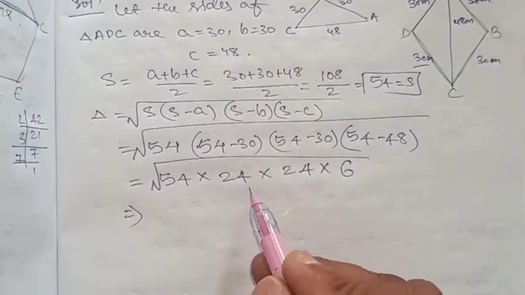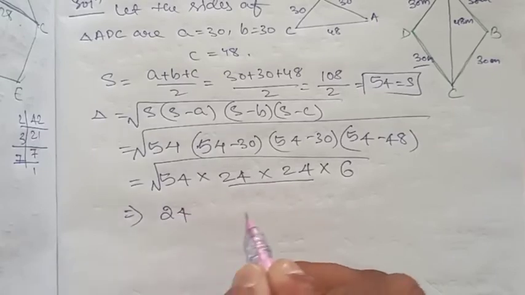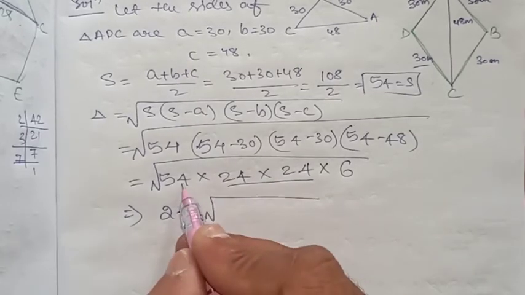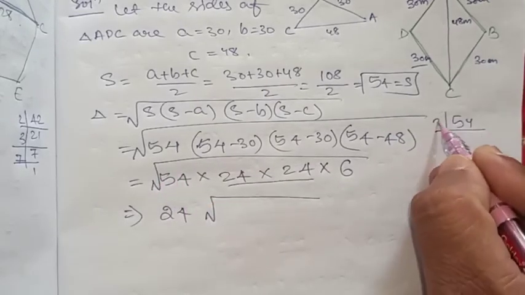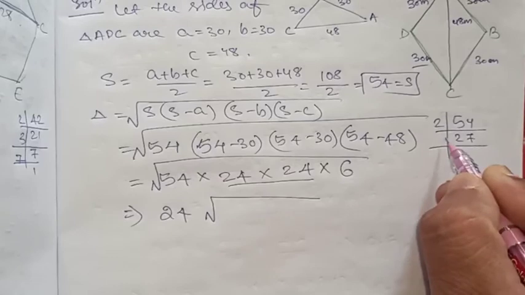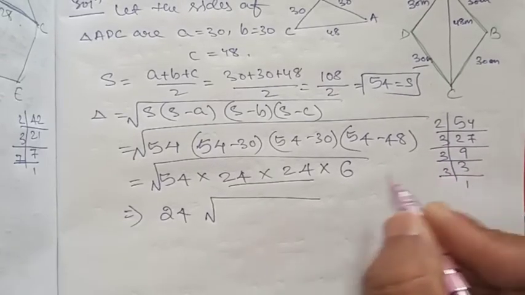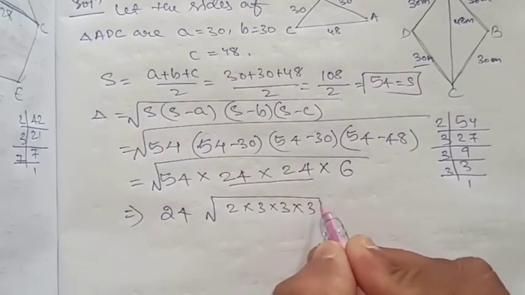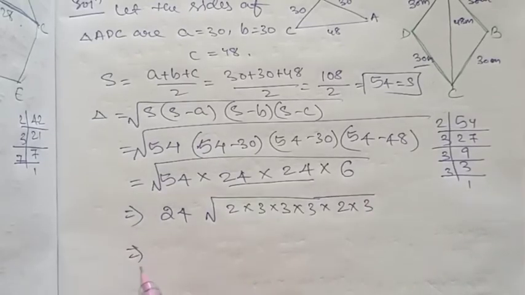As we have discussed, whenever there is a pair of numbers, one will come outside the square root. So 24 I am writing outside the square root, and inside it we will find the prime factors of 54. 54 is 2 into 3 into 3 into 3, and 6 is 2 into 3.